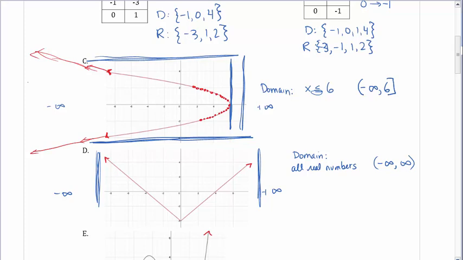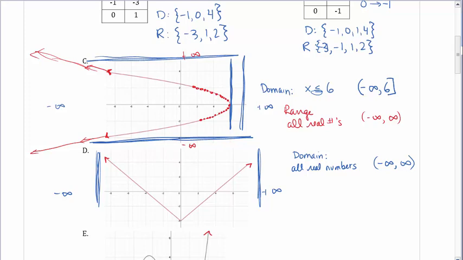So if it goes forever below and forever above, the bottom part of the y-axis, forever down is negative infinity, forever up is positive infinity. So in this case, the range is going to be all real numbers, or in interval notation, that's negative infinity to infinity.